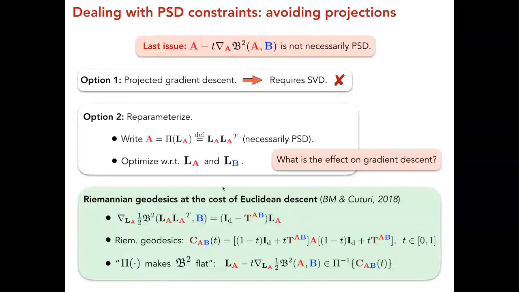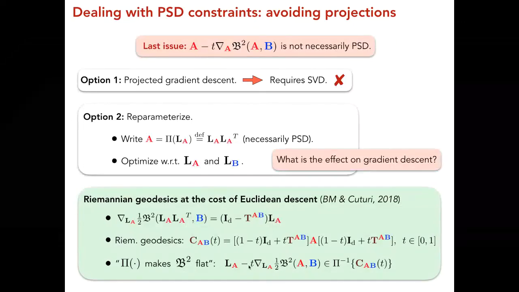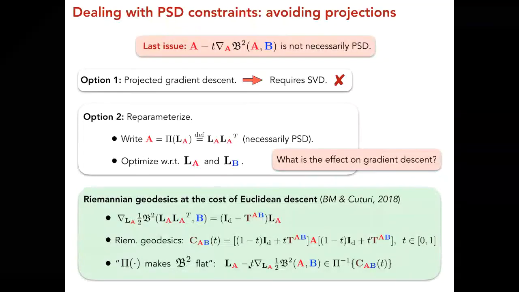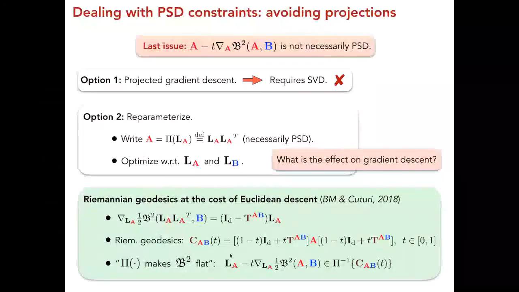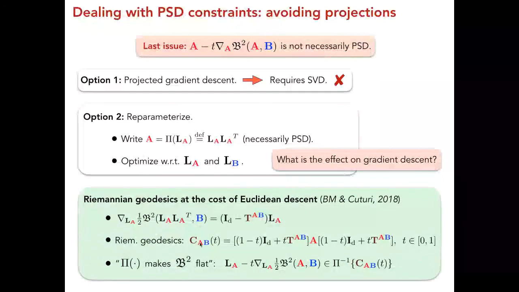And what I mean is that if you look at the gradient of the Bures distance with respect to this parameter, and you plug it back into the gradient update, then we can show that doing a gradient update with step size t between 0 and 1 is the same thing as taking a step of length t along the Riemannian geodesic between A and B.